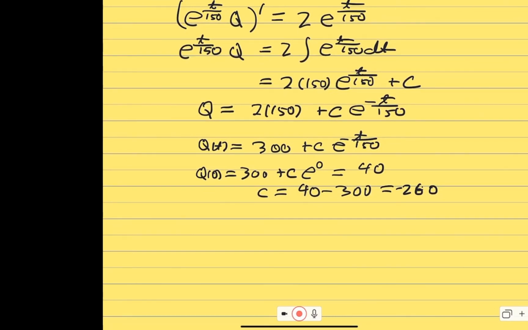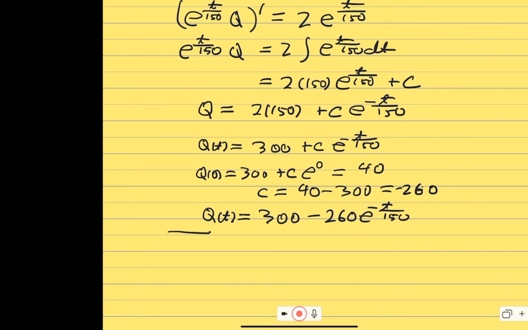So our final formula is Q of t equals 300 minus 260 e to the minus t over 150.